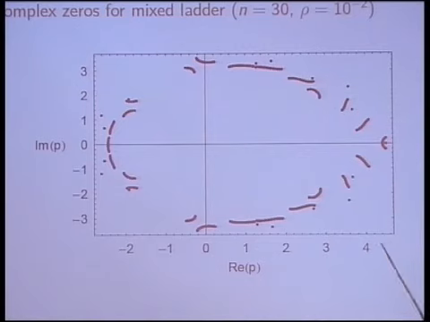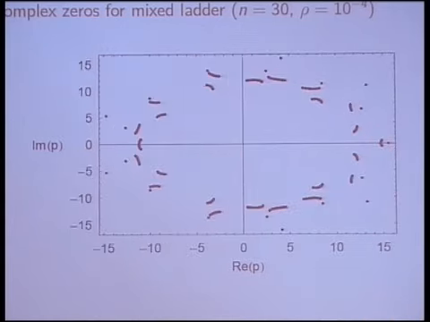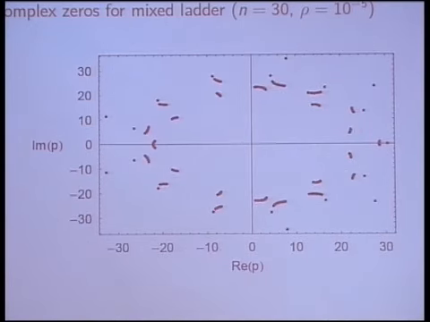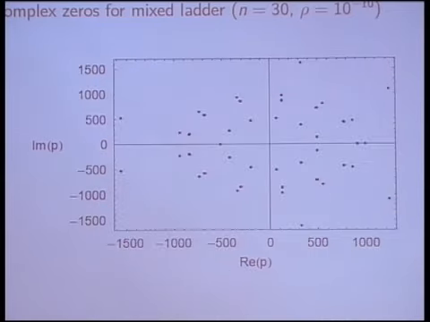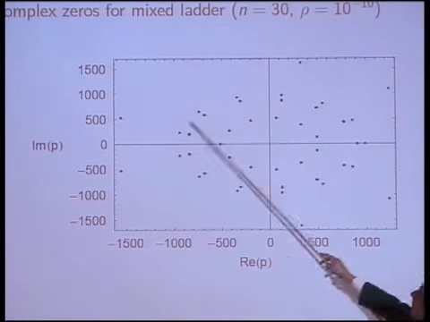So here I'm at 10 to the minus 2, so 0.01. And you see there are still isolated points and equimodular curves. And if I go further, I decided to make it really nasty. And for 10 to the minus 10, it's not obvious here, but actually you have two families of isolated points of different symmetries.